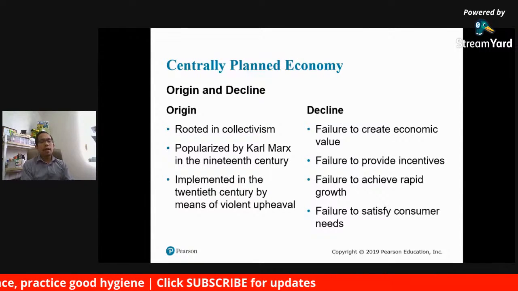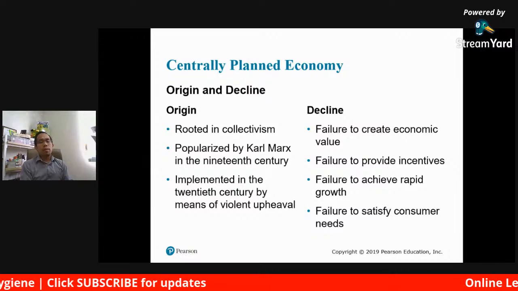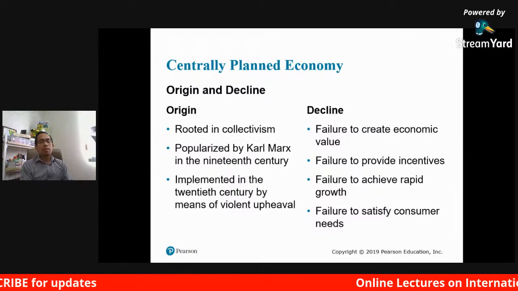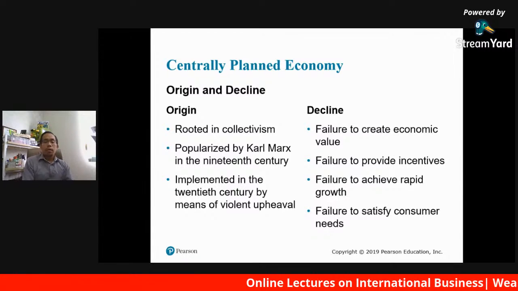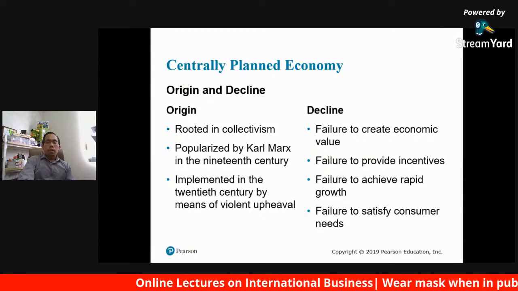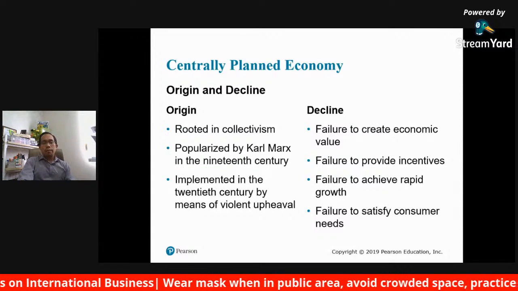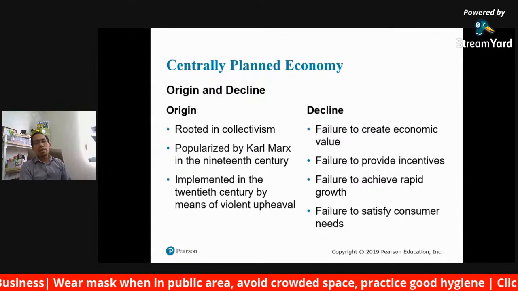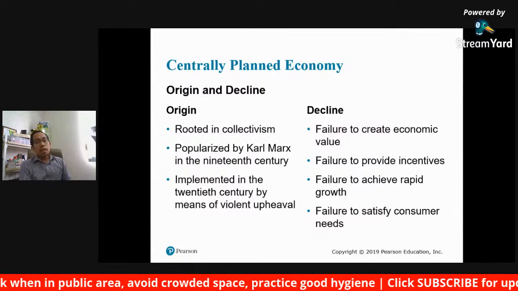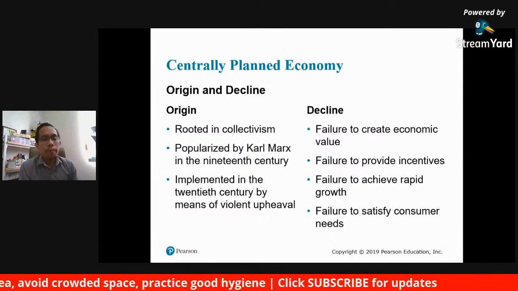It was popularized by Karl Marx and implemented in the 20th century by means of violent upheaval. But this kind of economy faced decline because of failure to create economic value.